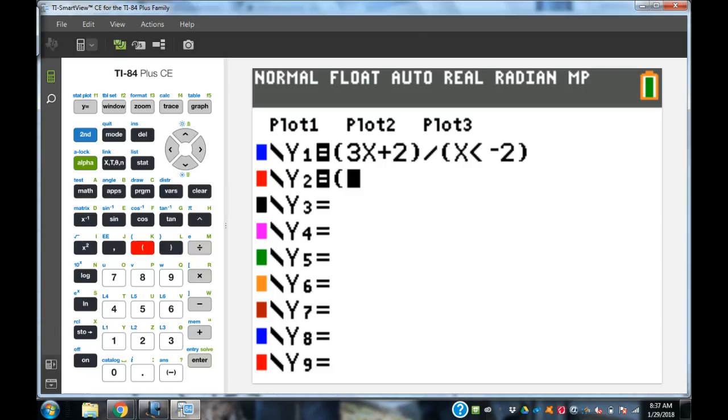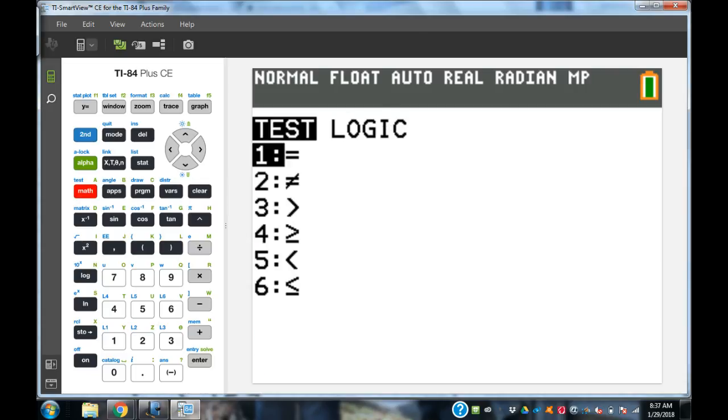And then the second one, y equals 6. And then it says that from negative 2 is less than x is less than 4. If you try to put that in there, I don't think it can handle it. We'll try it.